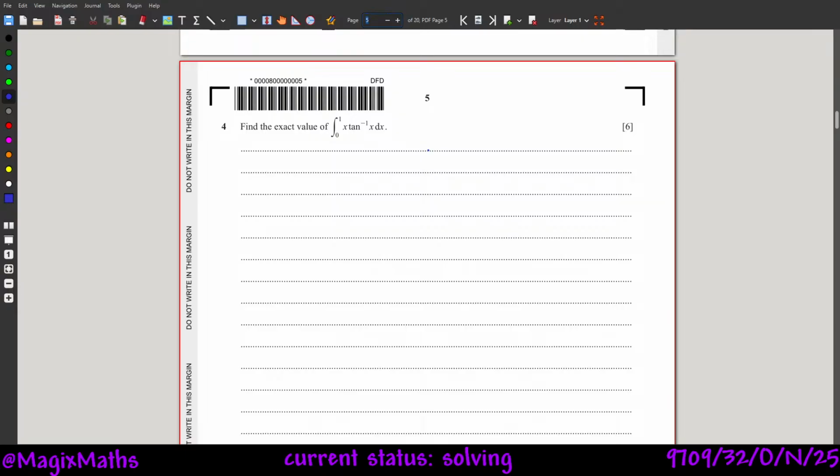Let's take a look. This is x and inverse of tangent here. I believe it's hinting at integration by parts using UV, but let's try to think of it. X inverse of tangent.